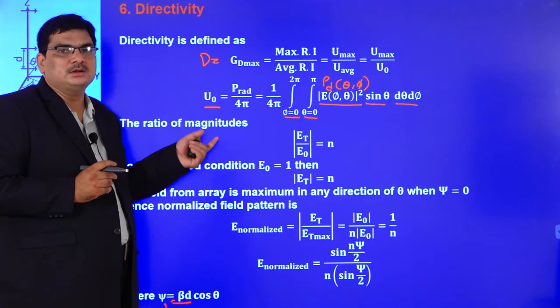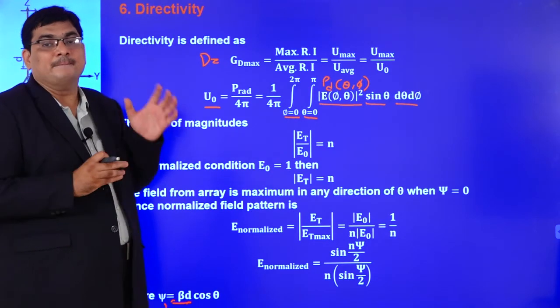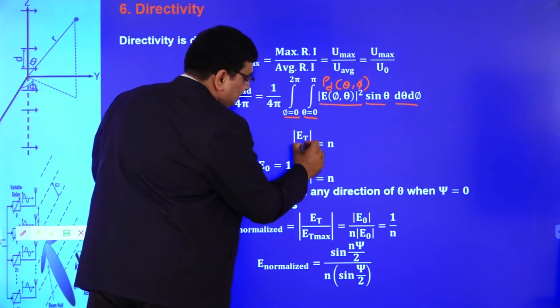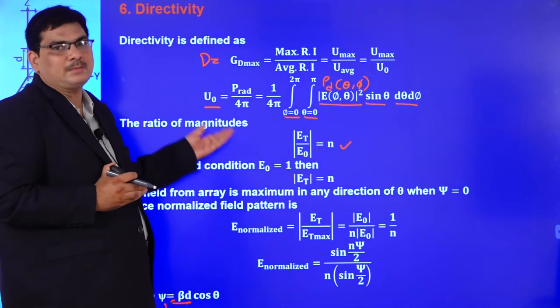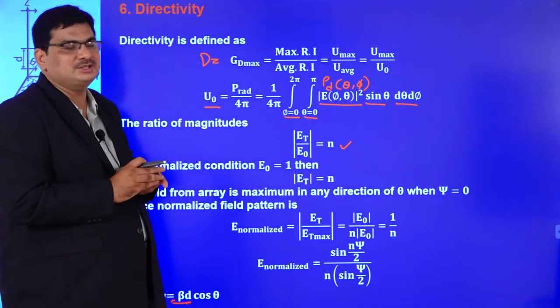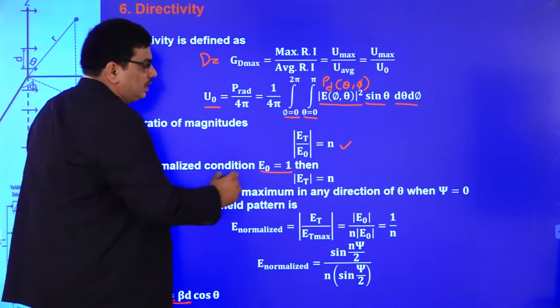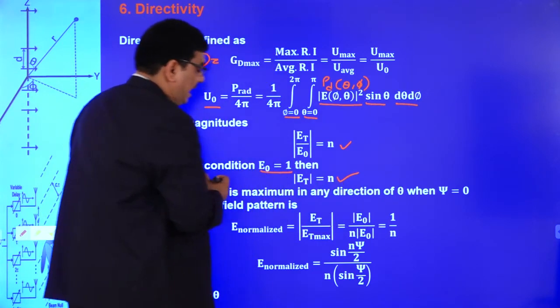But we know that the ratio of magnitudes, the magnitude of the major lobe, modulus of E theta by E naught, is equal to n. For the normalized condition, E naught is equal to 1, then the total radiation field in terms of magnitude is n.